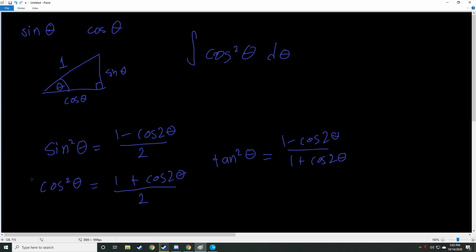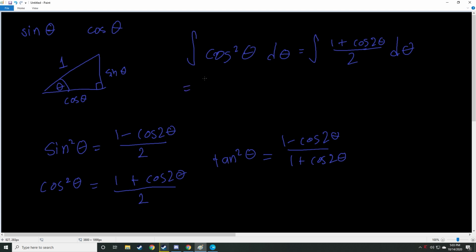So we'll take this cosine squared. That's what we're going to use. So this integral is equal to the indefinite integral of 1 plus cosine of 2 theta over 2 d theta, right?